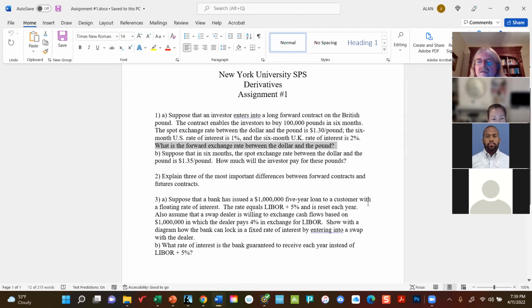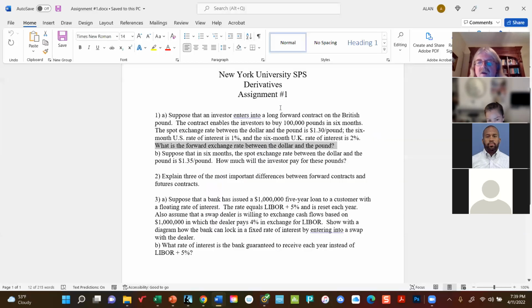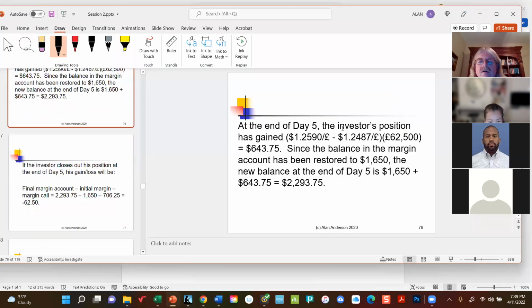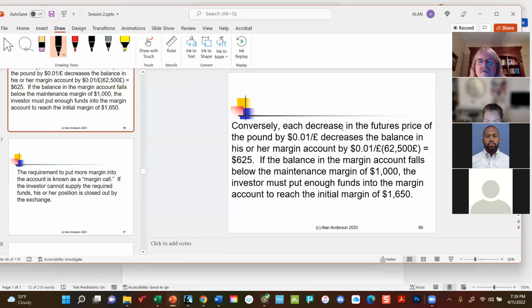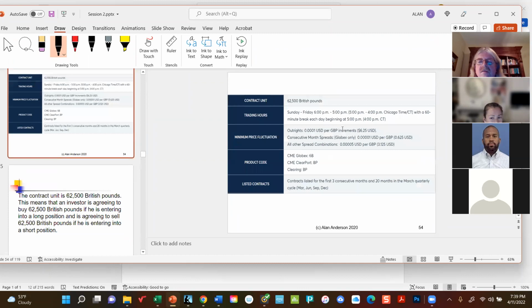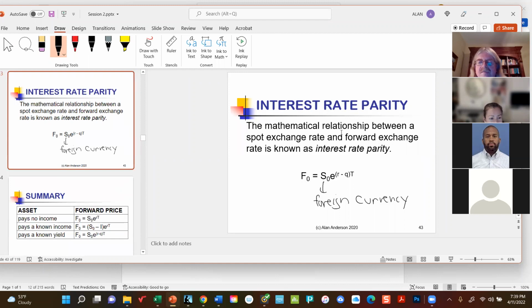What is the forward exchange rate between the dollar and the pound? You're using the formula for the forward price to come up with that. Which one is the formula for the forward price? For the currencies, let me keep scrolling back. I'll find it. Here it is. This one.